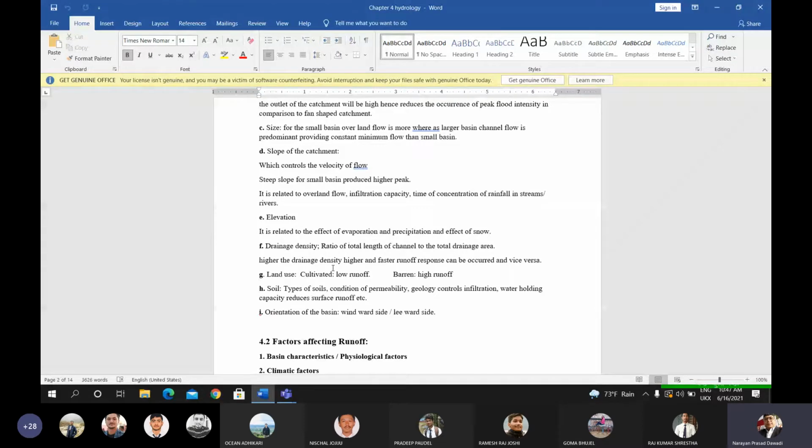That is, if the drainage density is high, then all these channels can deliver water to the main river basin through channel flow. Okay, the higher the drainage density, the faster will be the runoff, and the runoff discharge will be high.